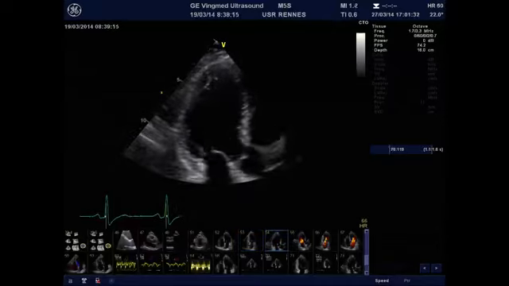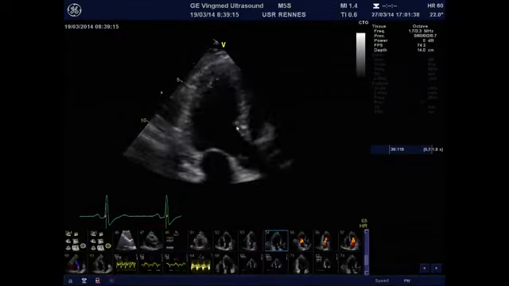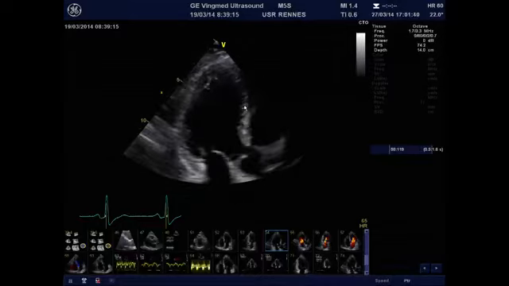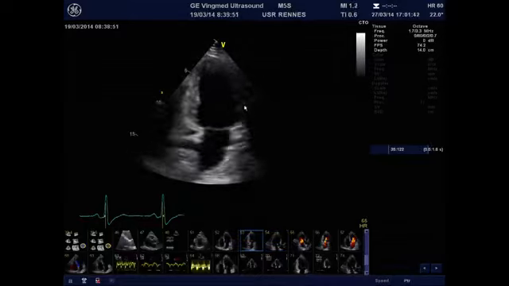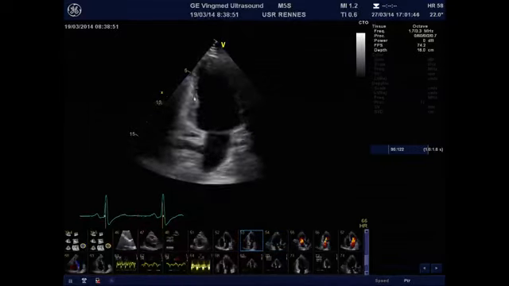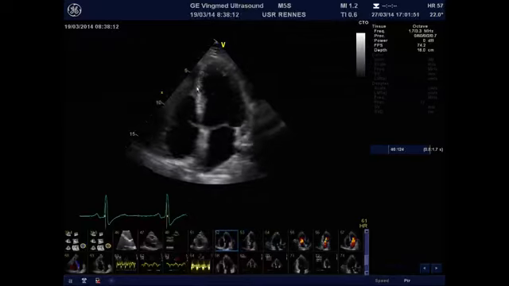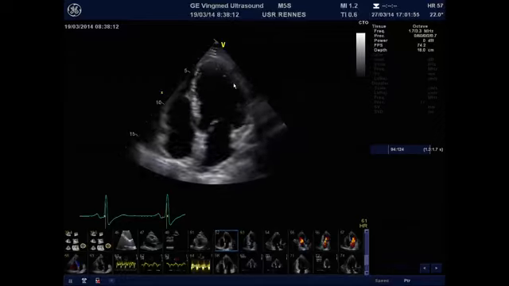On this apical 3-chamber view, we have here the inferior lateral wall and the septal wall. On the apical 2-chamber view, we have the anterior wall and the inferior wall. And on this apical 4-chamber view, we have the septal wall and the anterolateral wall.